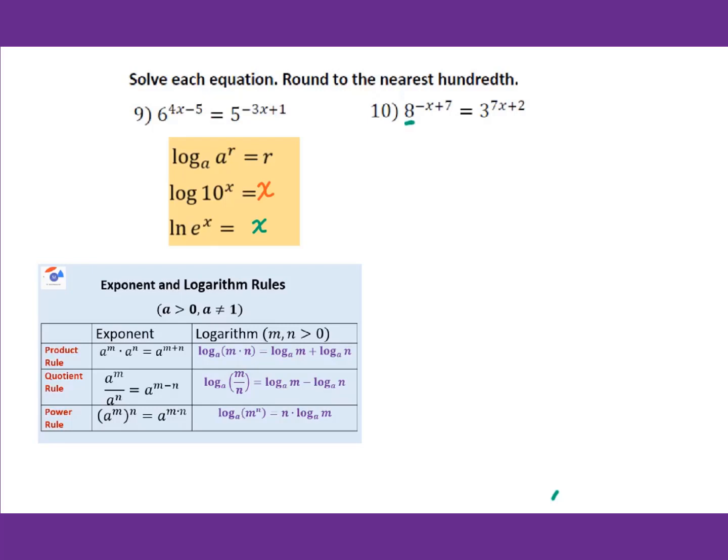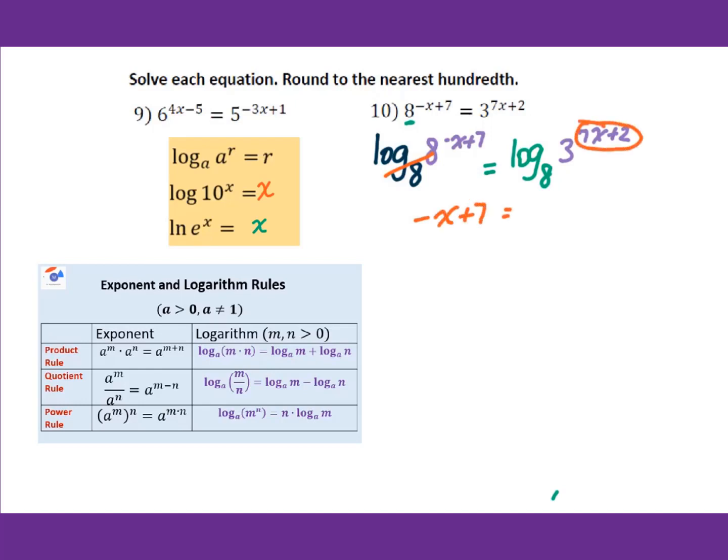For number 10, still we use log base 8. So we got log base 8 of 8 to the negative x plus 7th power equals log base 8 of 3 to the 7x plus 2. For this side, we got negative x plus 7.